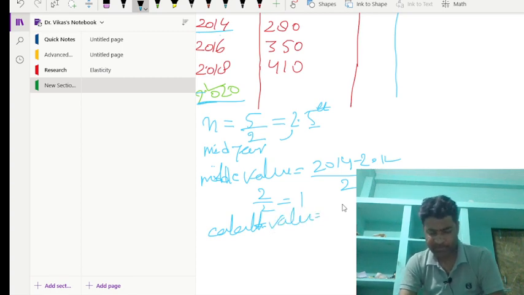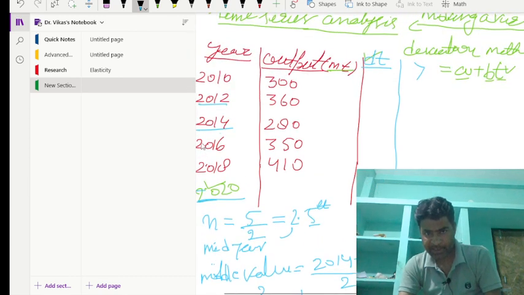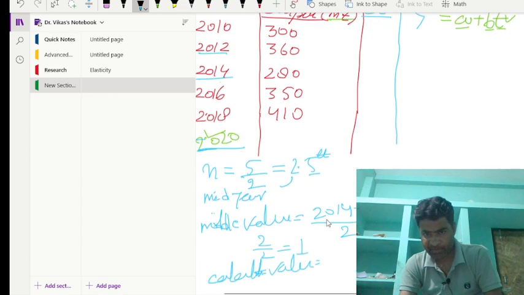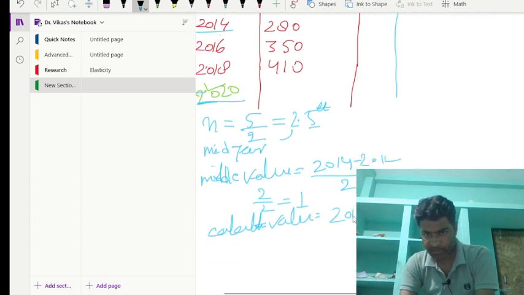This will be calculated by adding this 1 to the third observation value, that is 2014 plus 1, which is 2015. Here 2015 is the final calculated mid value of the t.